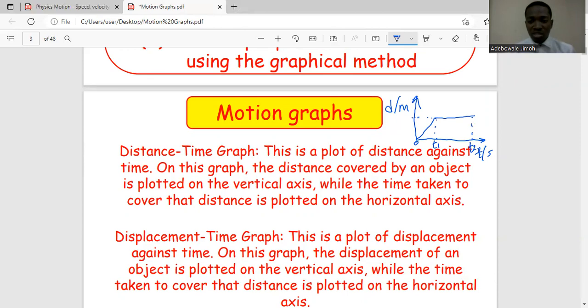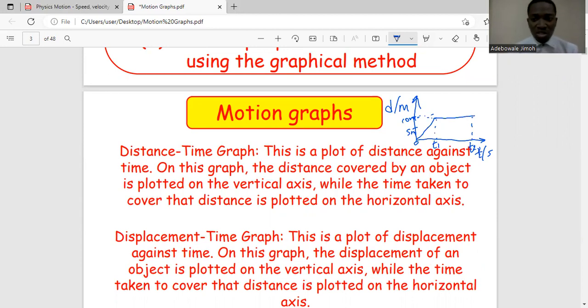As time increases, the distance is fixed at this level. If you call this 5 meters, I will call this one 10 meters. That means the distance is fixed at 10 meters. From 0 to T1, distance is increasing, but from T1 to T2, distance is not increasing.